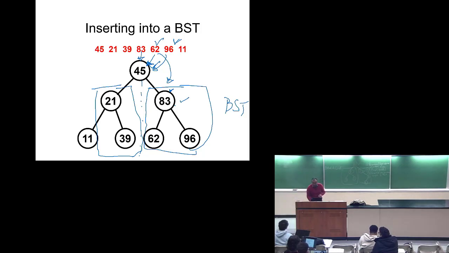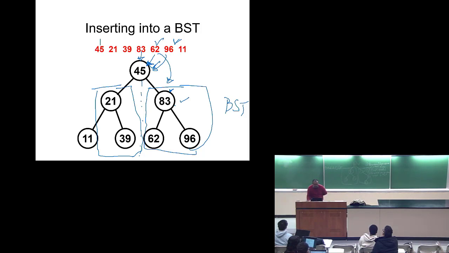Is there any reason why, after 39, 83 couldn't be a right node for that? Like you treat 39 as another root and then have 83 as its right node? Okay, we did it in this order.